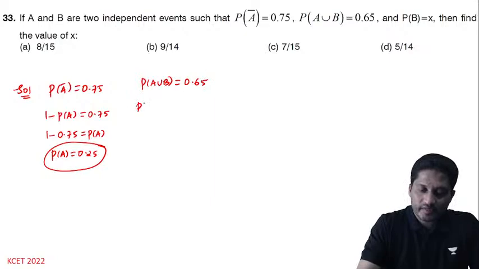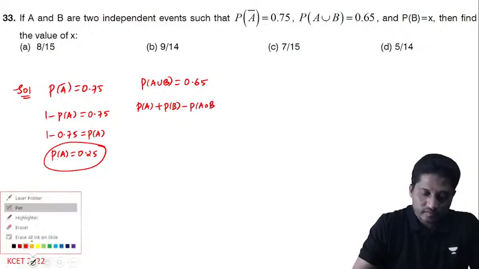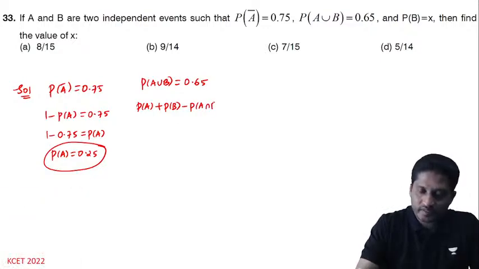This is P of A plus P of B minus P of A intersection B is equal to 0.65. Alright, P of A is equal to 0.25.